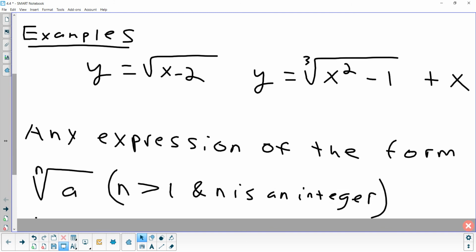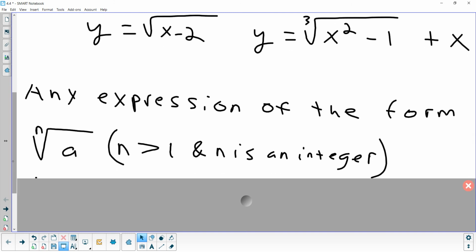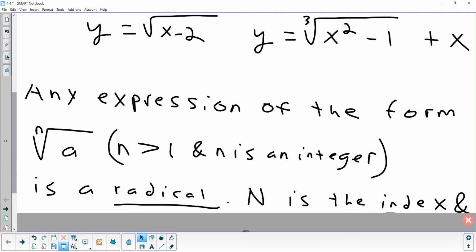So basically, any expression that has this root symbol in it is called a radical. And this number that we put in the check mark part of the radical is called the index. That tells you what kind of radical you're doing.